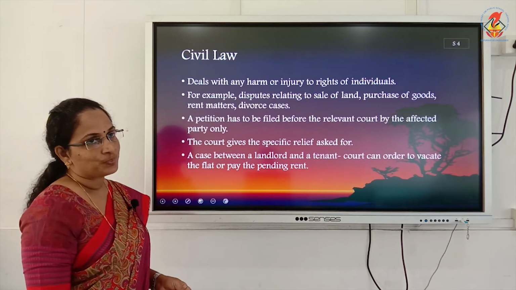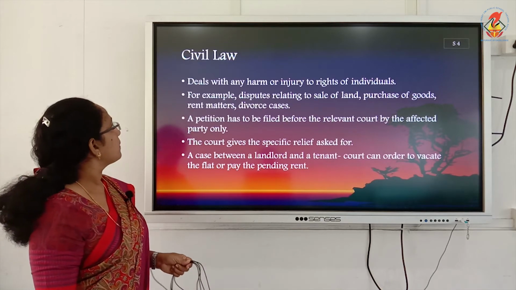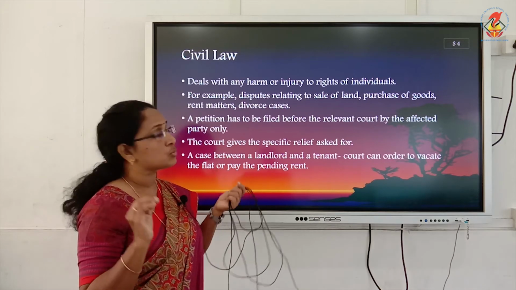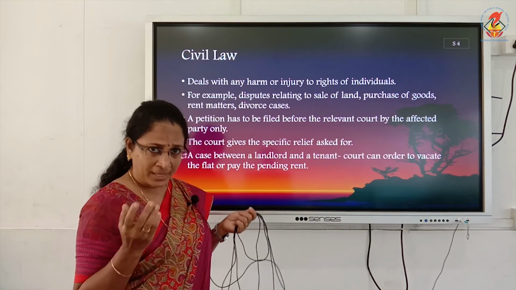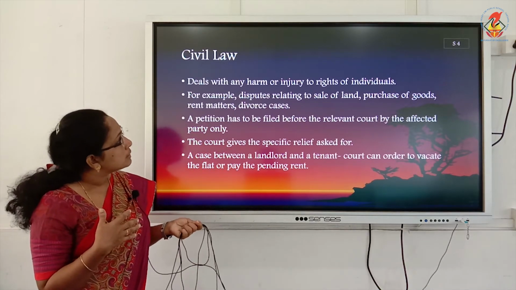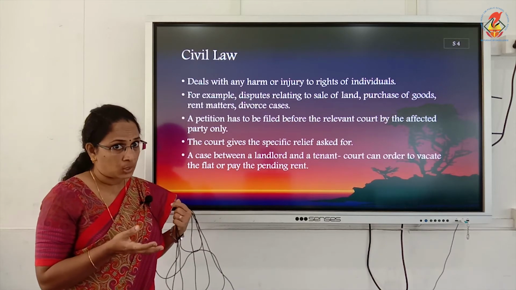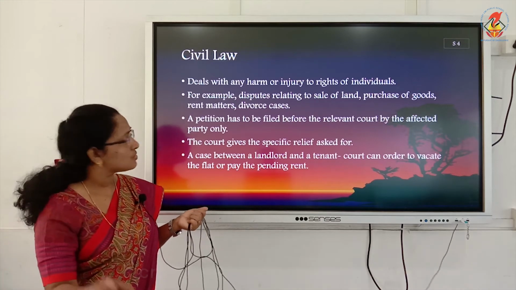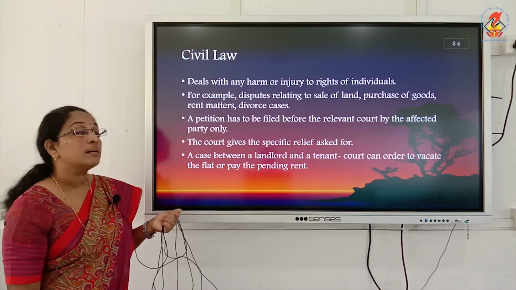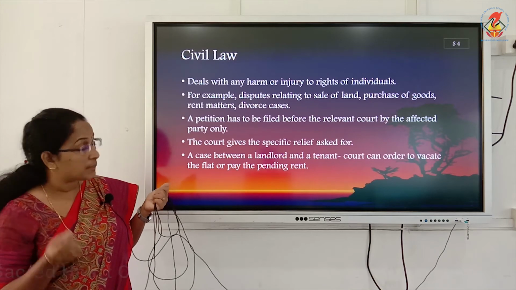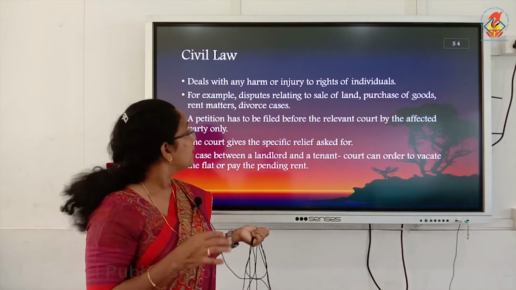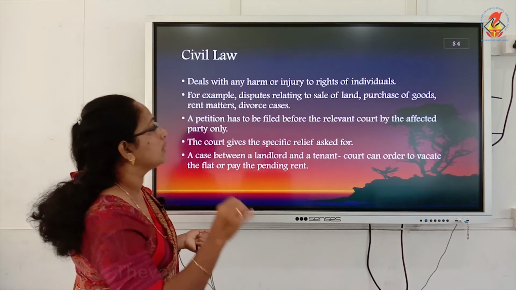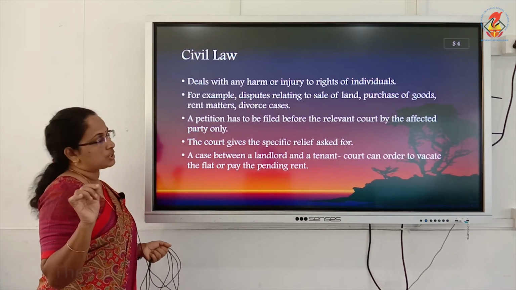Civil law, the second branch, deals with any harm or injury to rights of individuals. Examples are disputes relating to the sale of land, purchase of goods, rent matters, etc. And how to start a civil case? The petitioner has to file a case in the respective court.